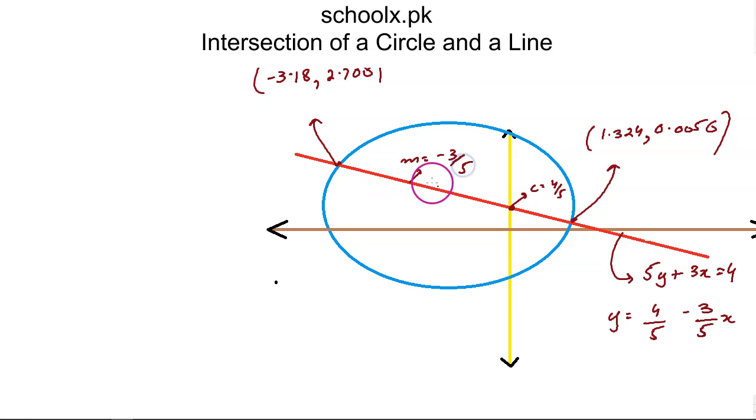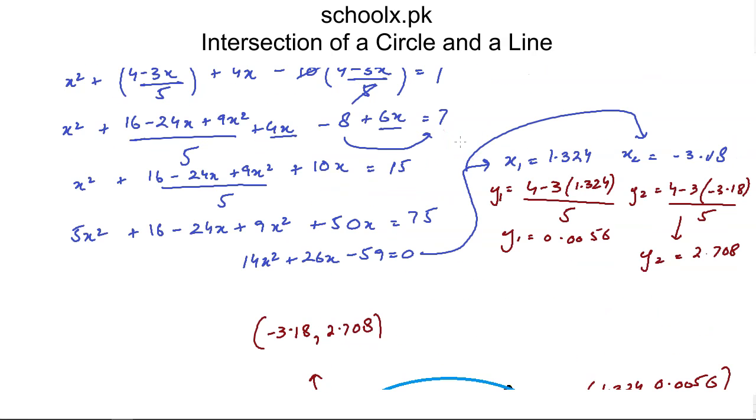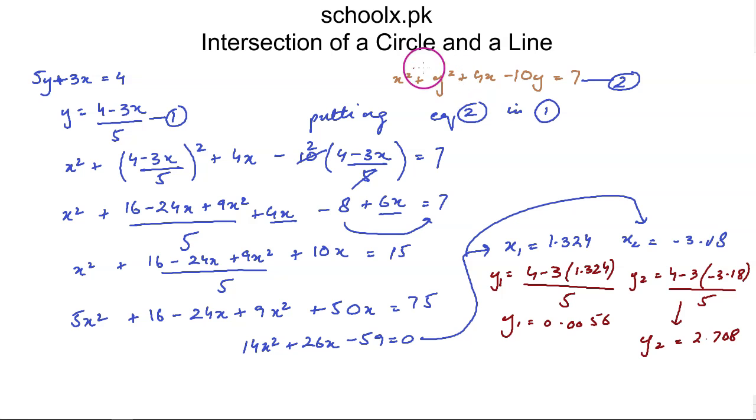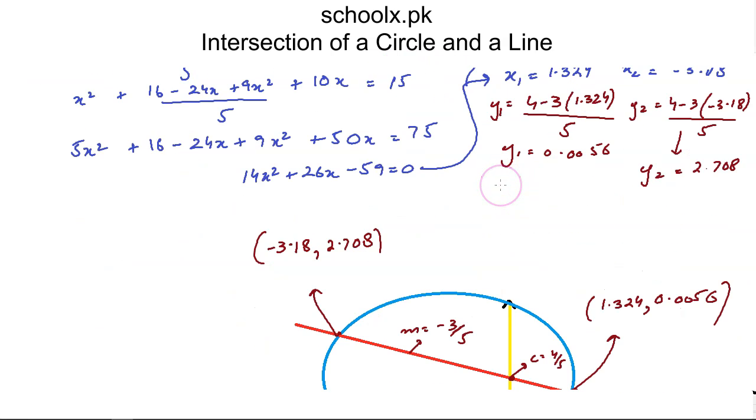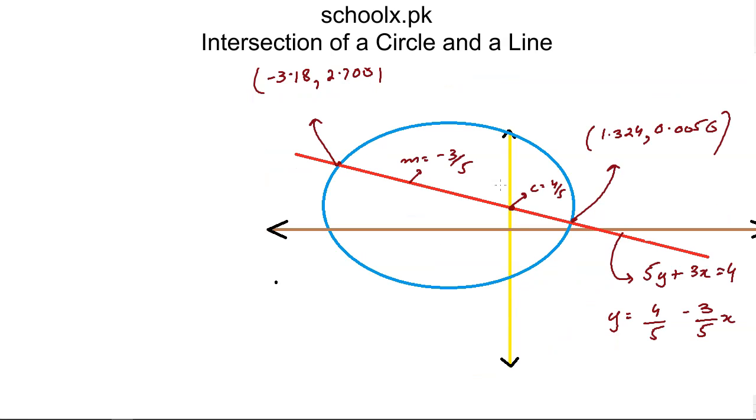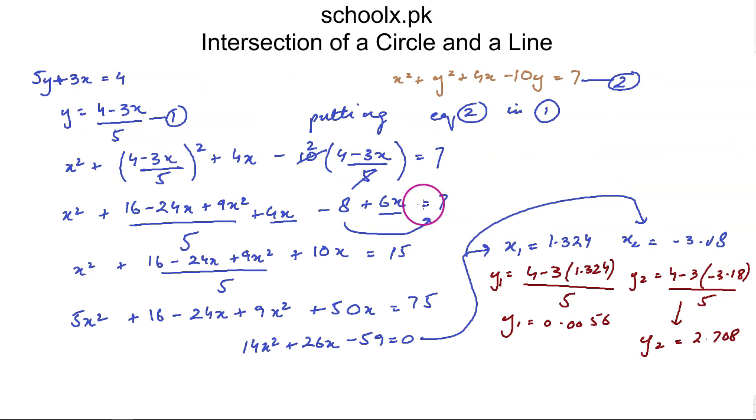And this is the circle with the equation x squared plus y squared plus 4x minus 10y equals 7. The center of the circle is at negative 2, 5, and the radius of the circle is 6 units. So that's how you find the intersection of a line and a circle.